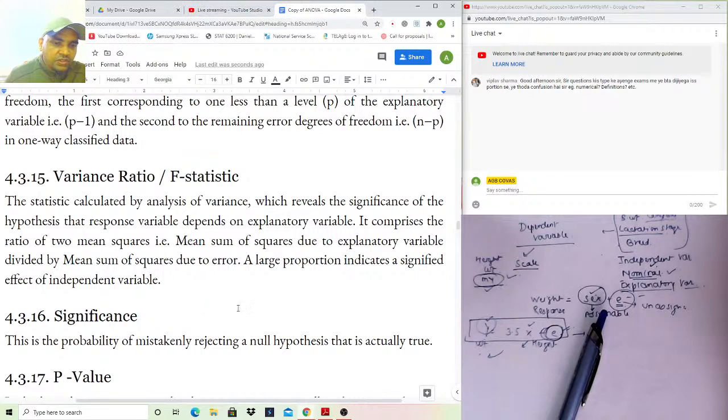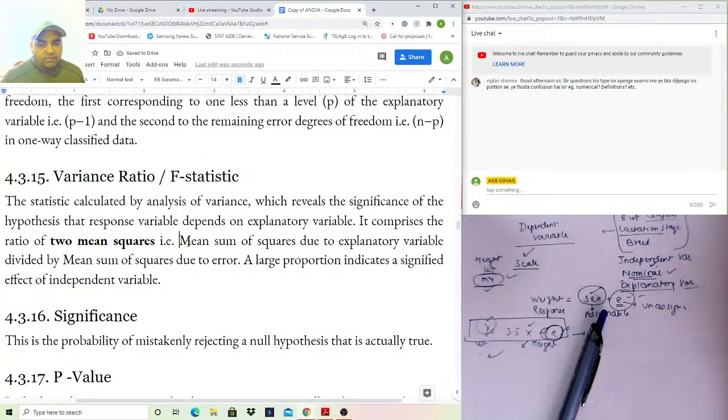What is variance ratio? Variance ratio is nothing but the F statistic. The statistic calculated by analysis of variance reveals the significance of the hypothesis that the response variable depends on the explanatory variable. So it comprises the ratio of two mean squares. Okay. So we will be finding the ratio of two mean squares. What are these?